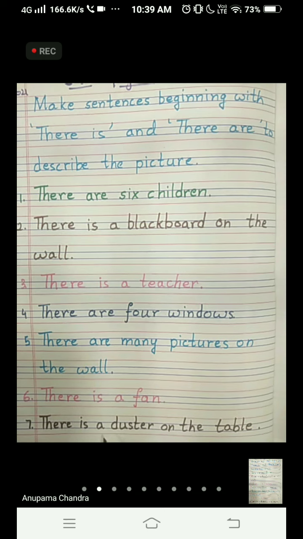And when we are talking about one thing, what we are supposed to use? What we are supposed to begin the sentence with? There is. So, our sentence is, there is a duster on the table. Okay. As you can see in the picture, there is a duster kept on the table, teacher's table. Only one duster is there, so the sentence is, there is a duster on the table.